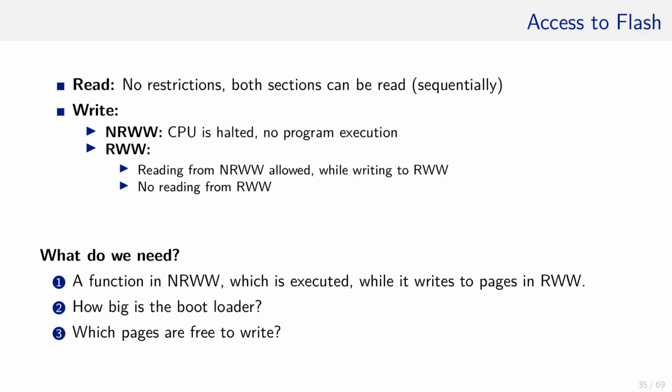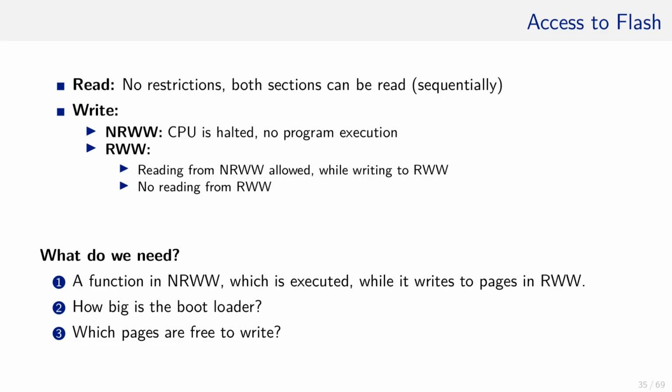So, to write data to the read while write section, we have to make sure that we execute a function sitting in the no read while write section, so that we can continue to provide data to be written to the read while write section.